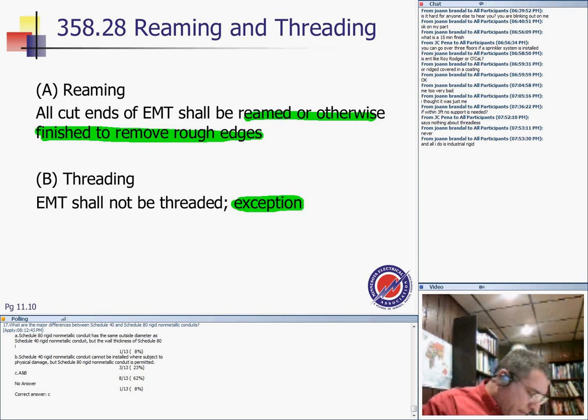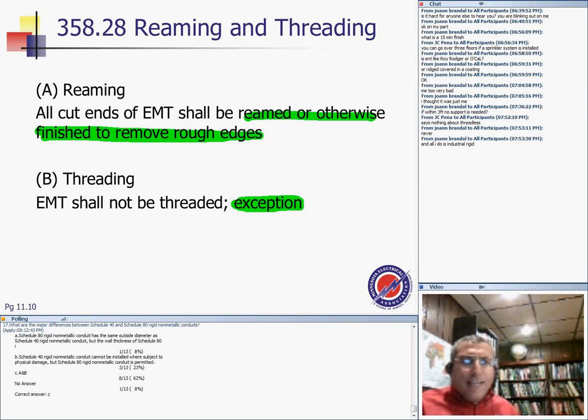If you go to 358.100, it says factory threaded integral coupling should be permitted. When a threaded integral coupling is used, threads for both the tubing and the coupling shall be factory made. The coupling and the EMT thread shall be designed so as to prevent bending of the tubing at any part of the thread.